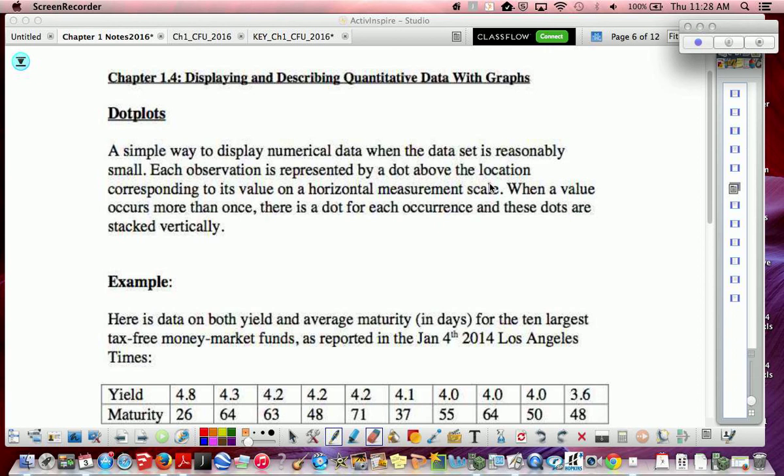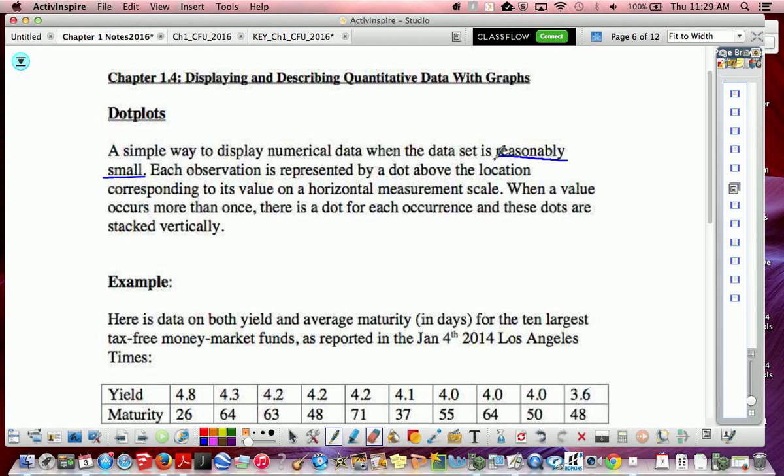If you have 100 data points or 500 data points, doing a dot plot or even a stem and leaf plot becomes so unbelievably busy work and cumbersome that you're better off doing a different display, which we'll show later on. So most of these that we'll be dealing with will be reasonably small sets of data, probably 30 data points or less.